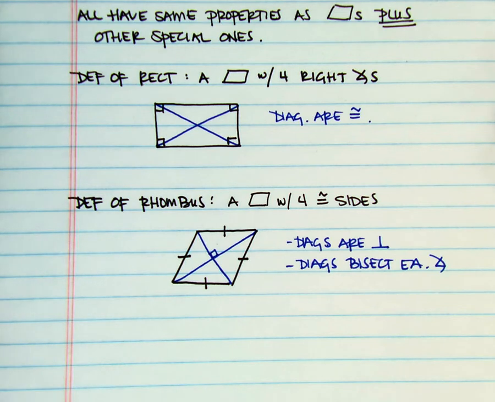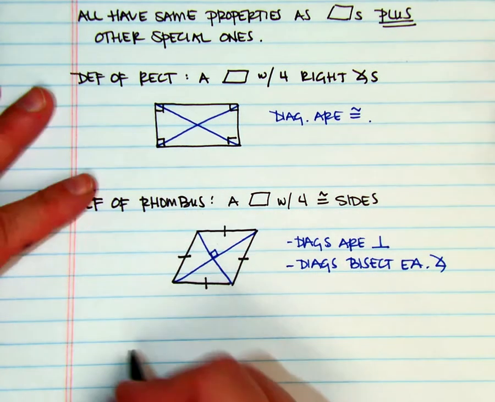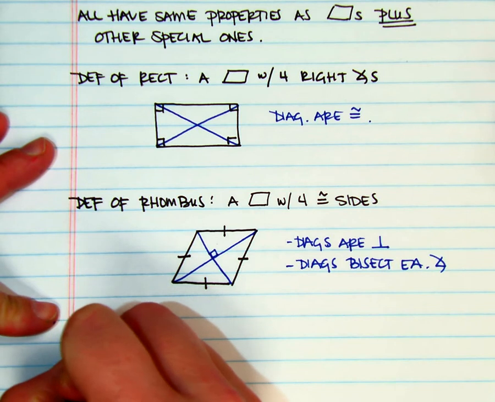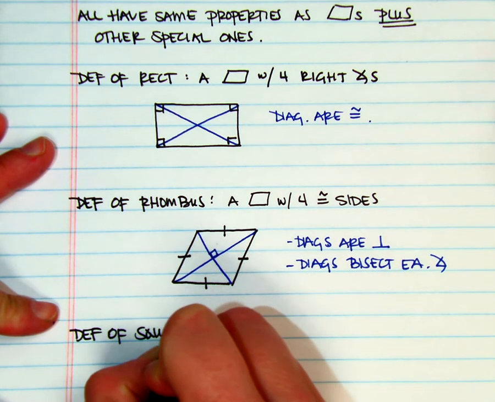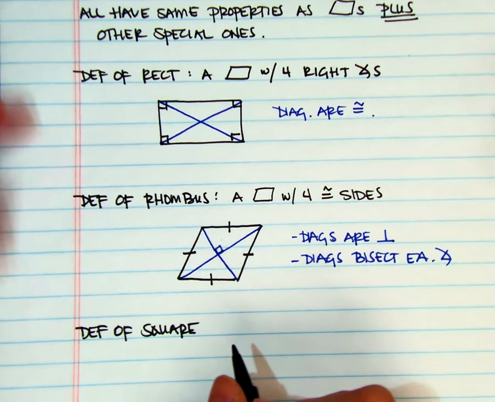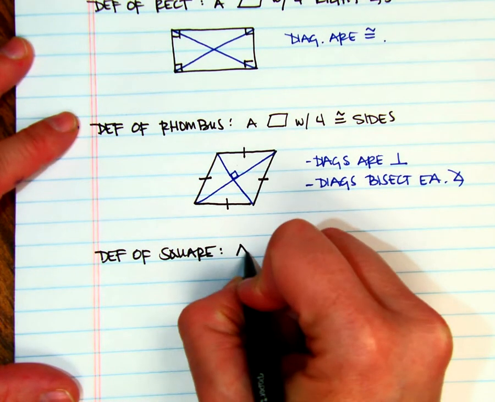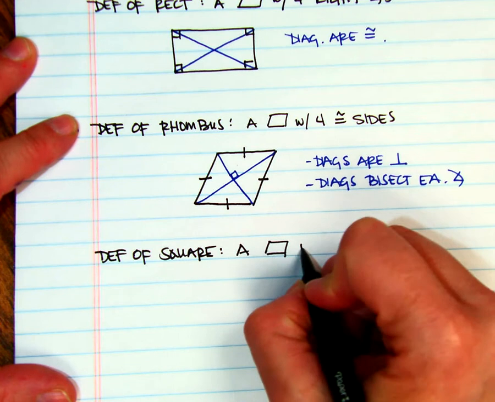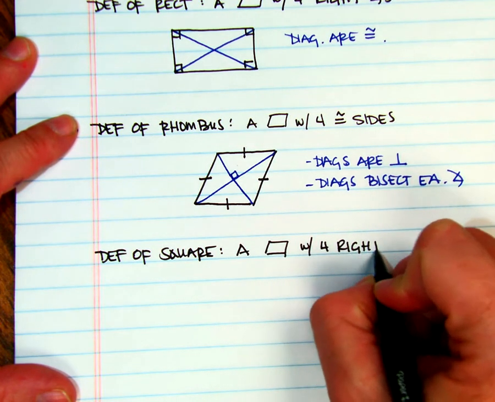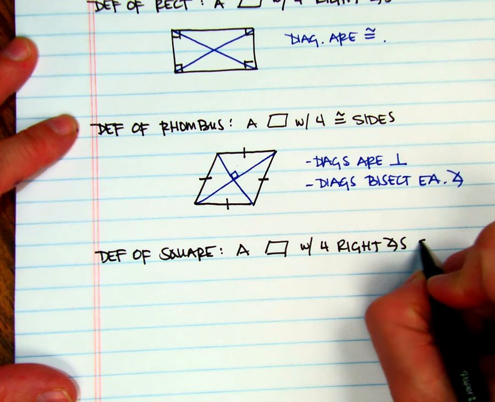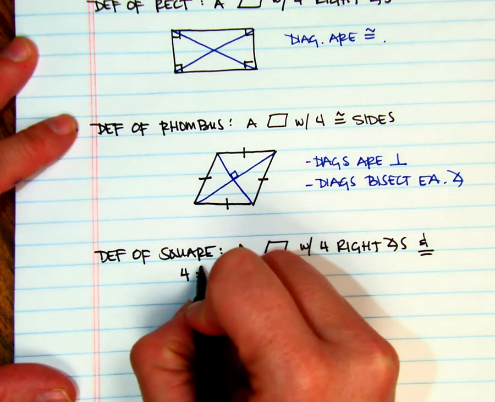Then what happens when a rectangle and a rhombus combine is that you get a square. So a square is a parallelogram with 4 right angles and 4 congruent sides.